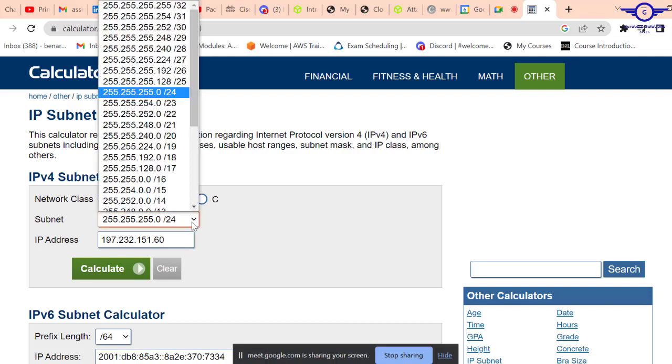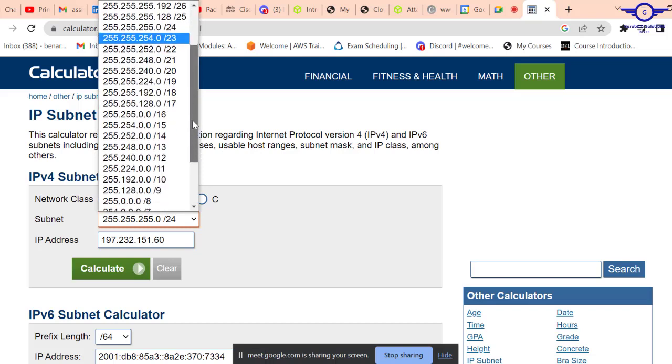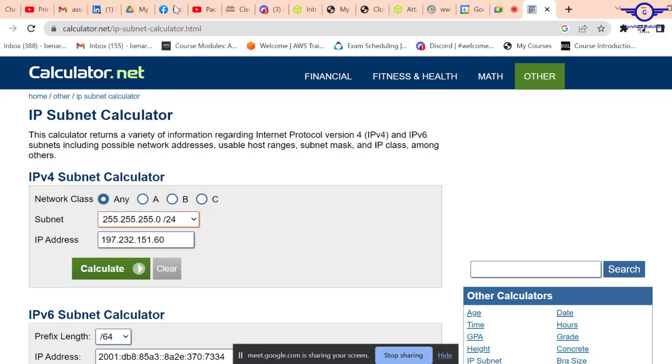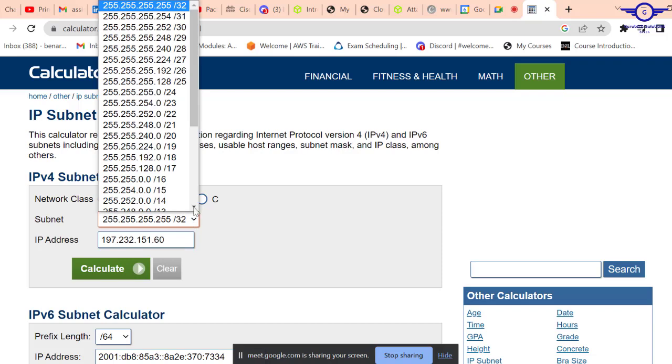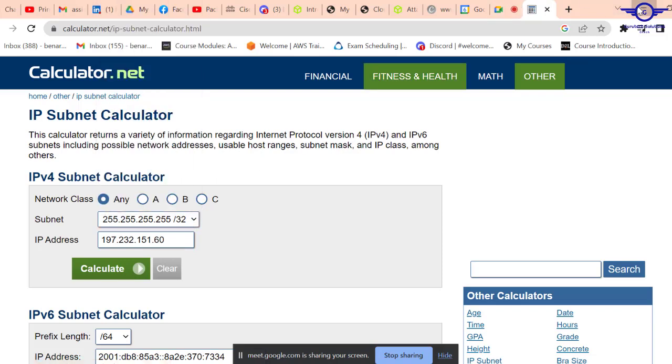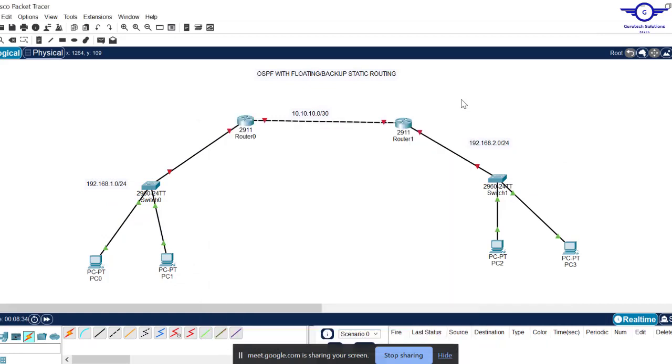If you have /32, which I was saying is a full IPv4 address with 32 bits, it's 255 all the way. So it's very important that when you see it's a point-to-point link, you don't need to waste IP addresses, because it only needs 2 usable IP addresses. That's why I use /30 notation.